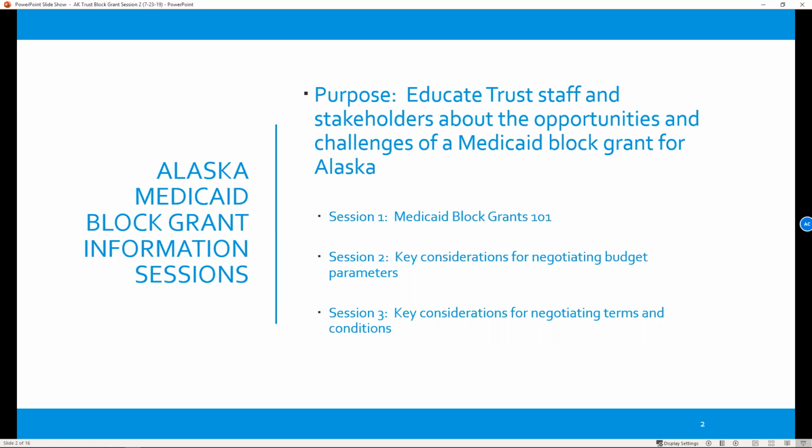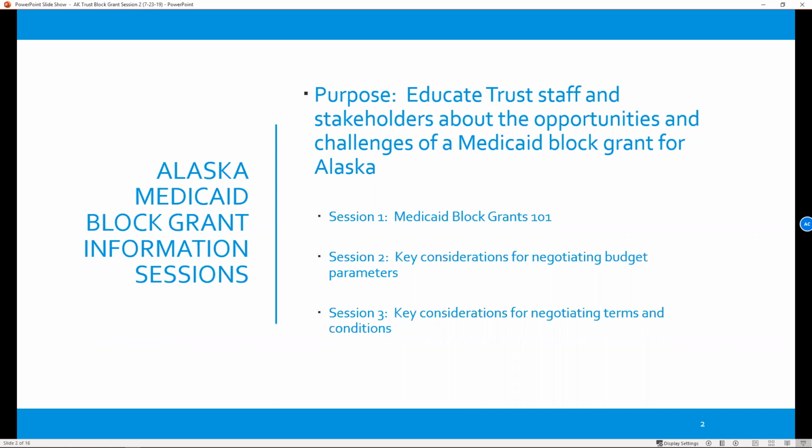The first session gave a 101 of Medicaid block grants and what could be allowed under current law without additional legislation, and what might require legislation from the federal Congress to enact. And if it's being done without legislation, then the vehicle it would most likely be achieved under would be an 1115 demonstration waiver.